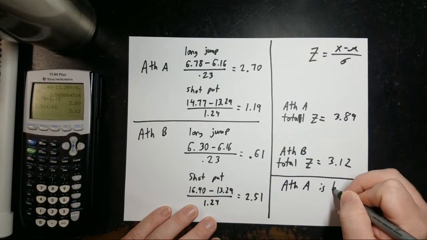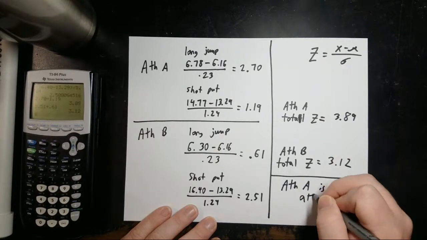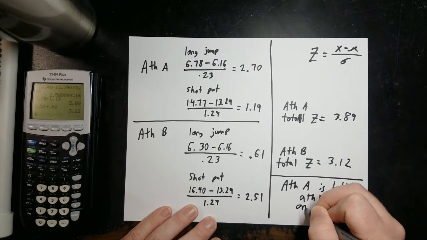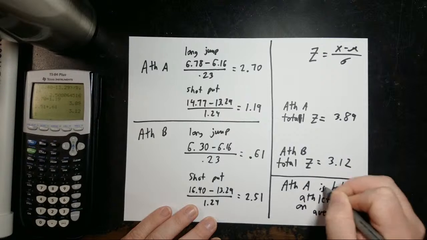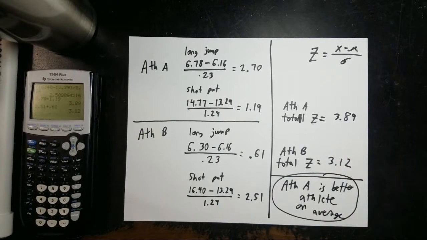Athlete A is the better athlete on average. It's because if you have that standardized measurement of a z-score based on a normal curve, you can see that athlete A has the higher combined total z-score.